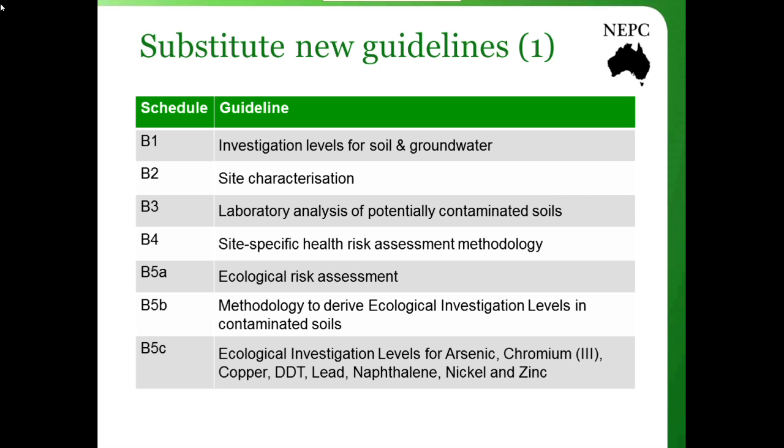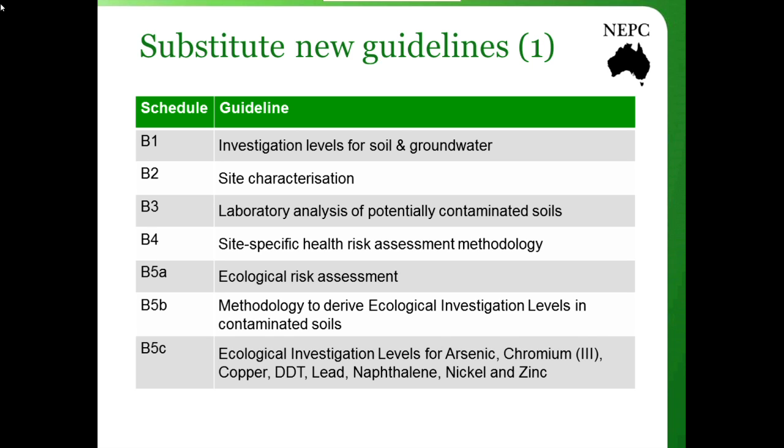One or two of them, the title has been modified to reflect the updated content. So I'd say the main one there would be B2, which is now called site characterization, rather than collection and sampling and reporting, because the content of B2 is now much wider.